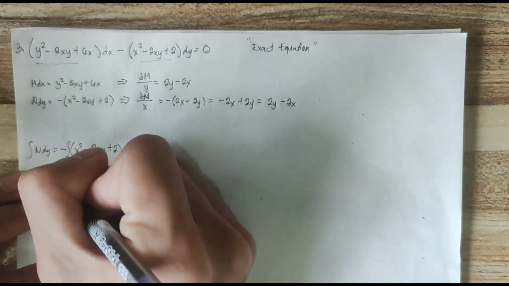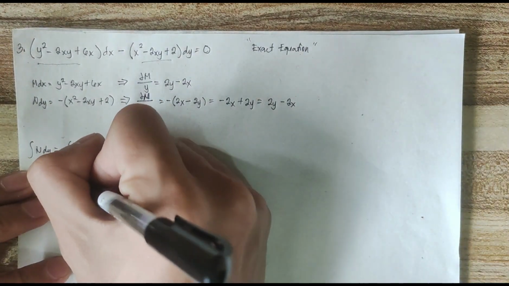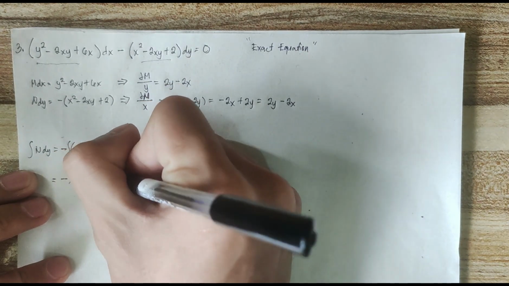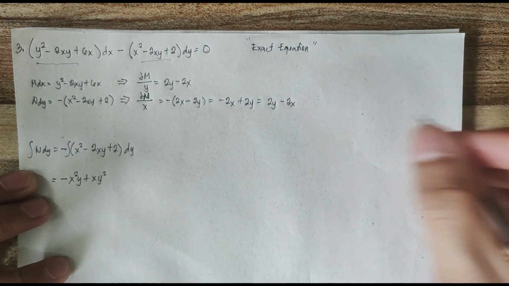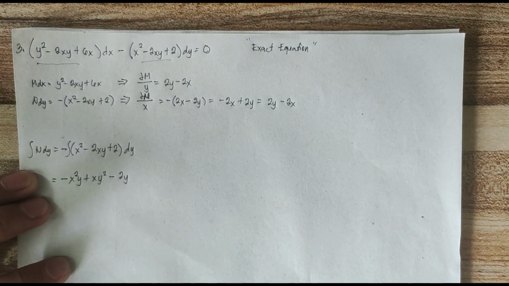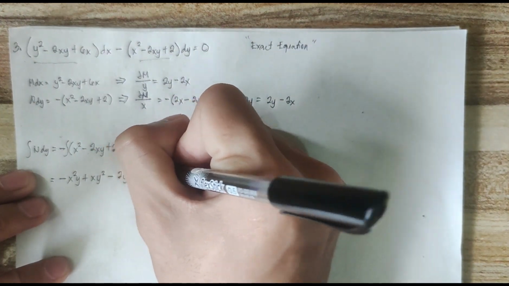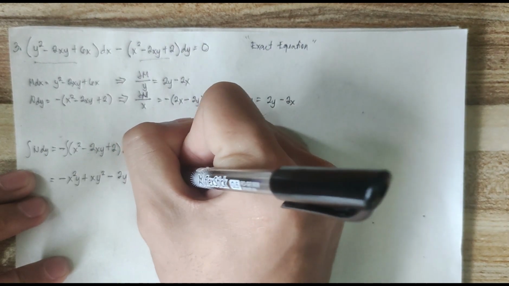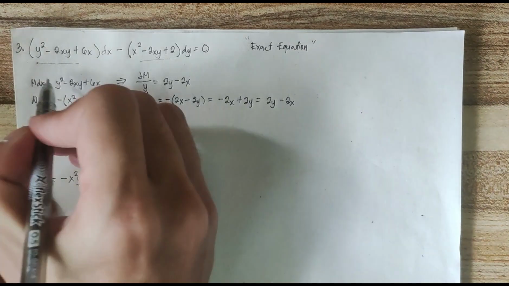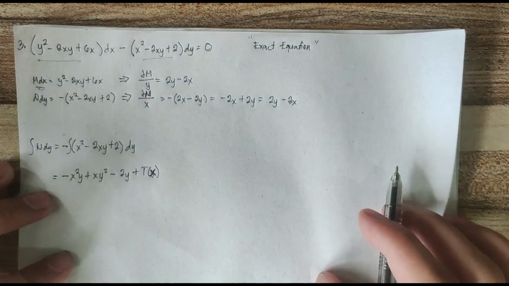So it is equals now to negative x squared y plus xy squared minus 2y, then plus T of x as an indication of this one, M dx.